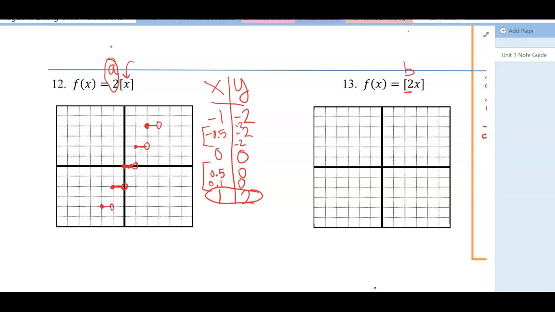So if this wasn't a 2 and it was a 5, what would you have expected to happen on the graph? 5 units apart, right? So like our first step would have still been here, but the next step would have been like 5 units above it. Okay? What if this was 1/3 instead of 2?